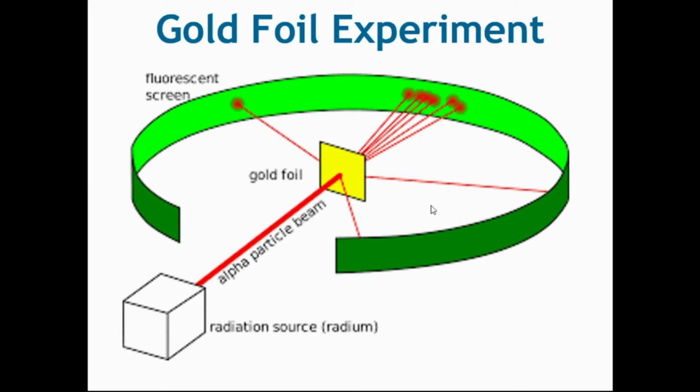Some got penetrated through the gold foil, others got reflected, and others got deflected. So there are three observations there which we want to look at and also draw conclusions from.